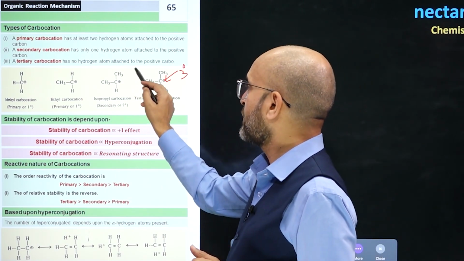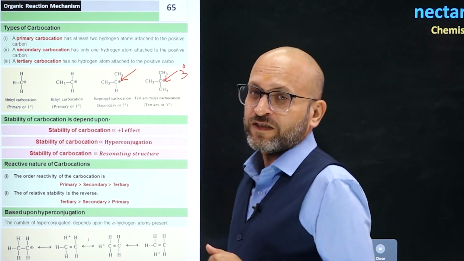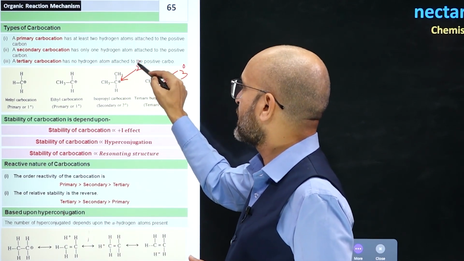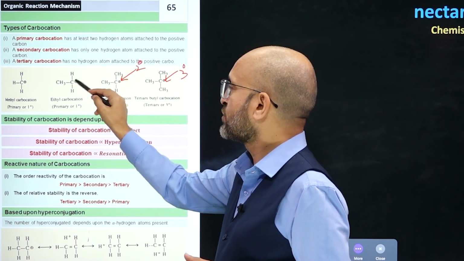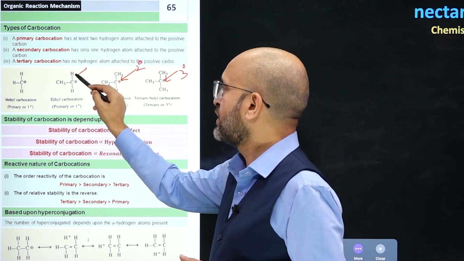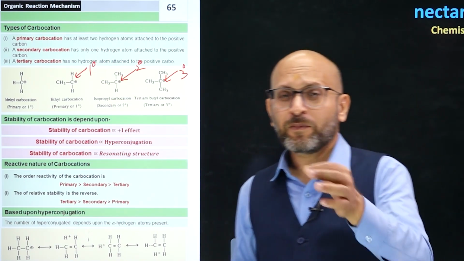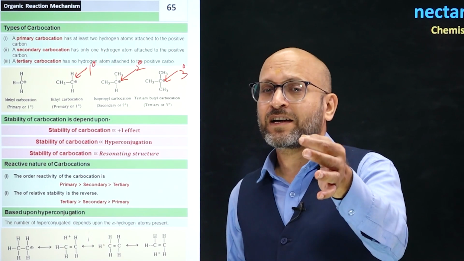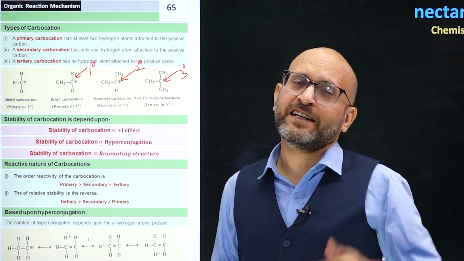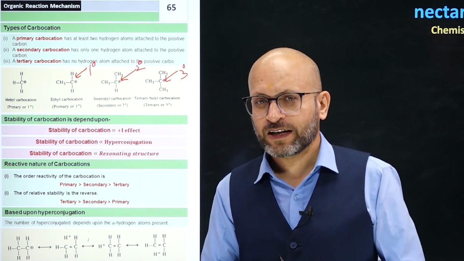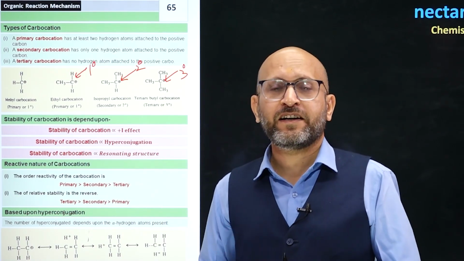Similarly, the carbon having positive charge is connected to two other carbons, so this is a 2-degree carbocation. Here the positive carbon is connected to one carbon, so it is a 1-degree carbocation. So the number of carbon atoms a positive carbon is connected to defines its degree: primary, secondary and tertiary carbocation.